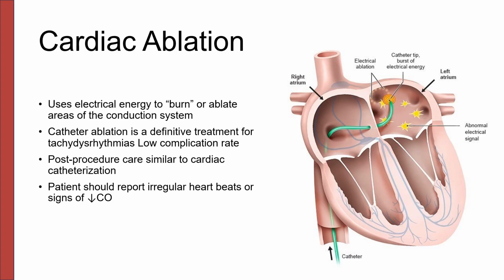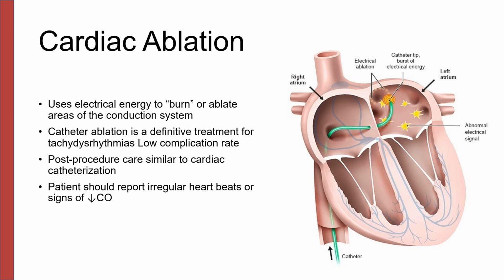Then a catheter is inserted and hopefully they get the right spot and they burn that tissue. It's an electrical device hot enough that it burns it. And the idea is that we're killing those rogue cells so that they don't continue to fire these abnormal charges, making the heart do weird things.